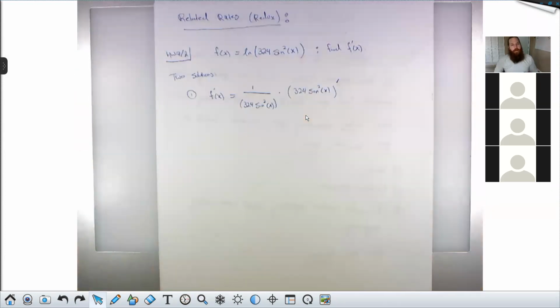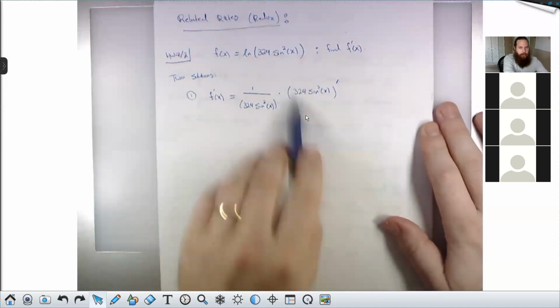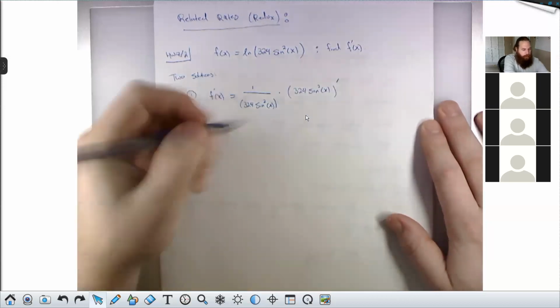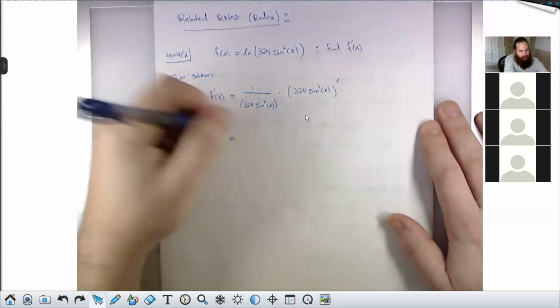So I can write it out schematically like that. 1 over the inside times the derivative of the inside. That's the rule for a natural log's derivative. And then if I want to figure this piece out, it's going to require a bit of chain rule because sine squared is a composite function.